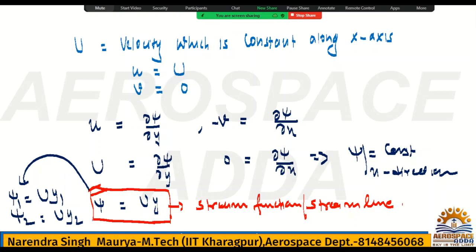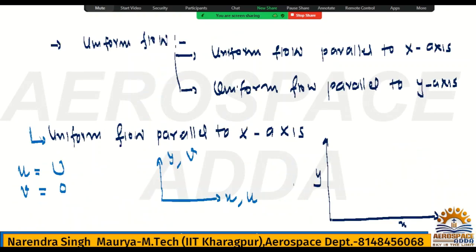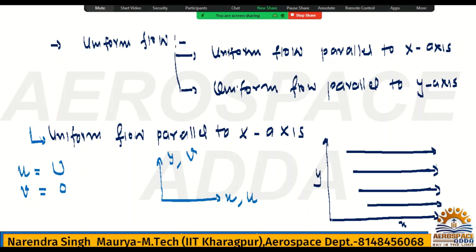Yes or no? Now I will draw this graph for flow parallel to the x-axis. We had defined that for flow parallel to the x-axis, suppose the velocity is u. In the y direction there is no velocity.